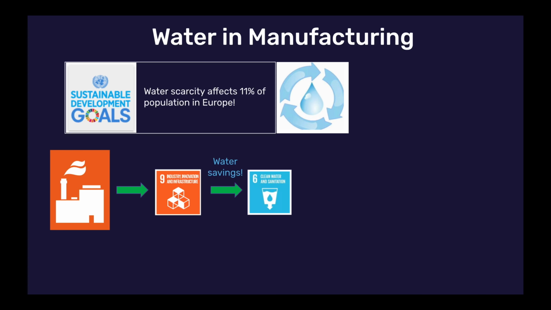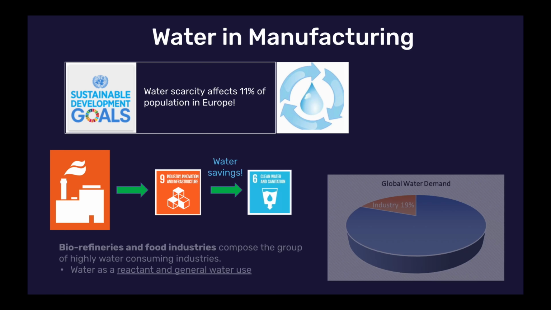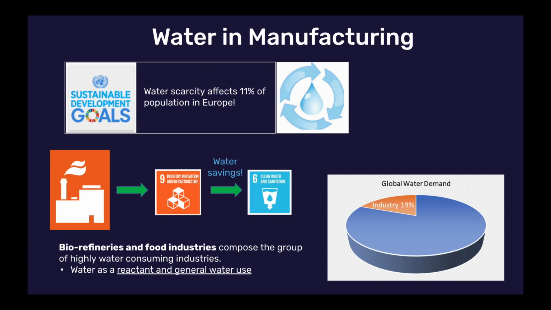And it's good to see that SDG number 6, which is clean water and sanitation, can be reached in manufacturing as water savings in terms of SDG 9, which is industry, innovation, and infrastructure. We know that industry represents 19% of global water demand nowadays, in which biorefineries and food industries compose the group of highly water-consuming industries.